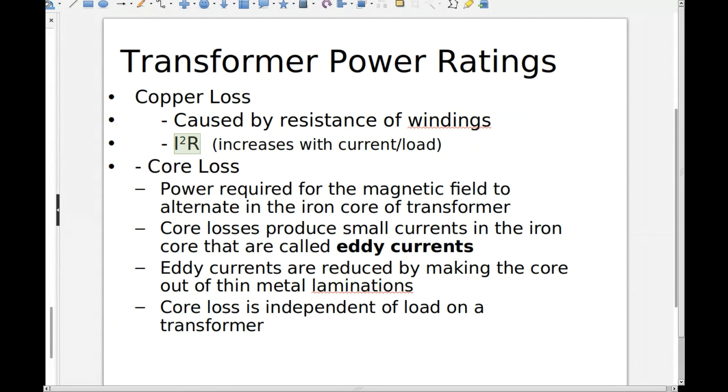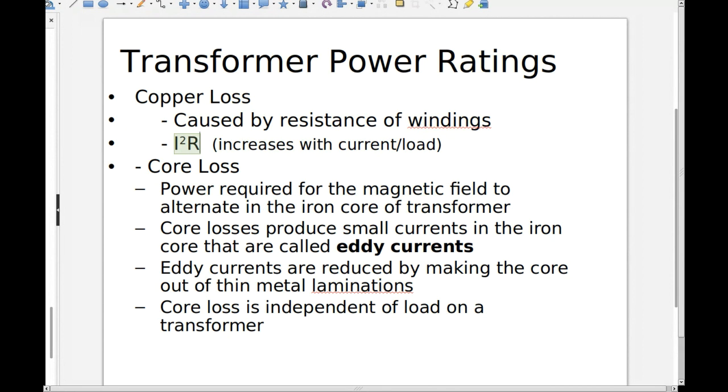Now remember, you've got current on the primary side and current on the secondary side. Let's say that you're going to step the voltage up. So you have 100 volts coming in, you're going to step it up to 10,000 volts, and so your current is going to step down. If you're doing a step up, the size of the wire on the primary side windings is going to be much bigger because it's going to have a lot more current.